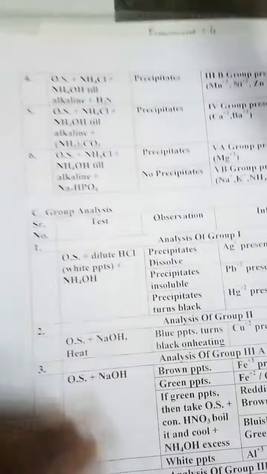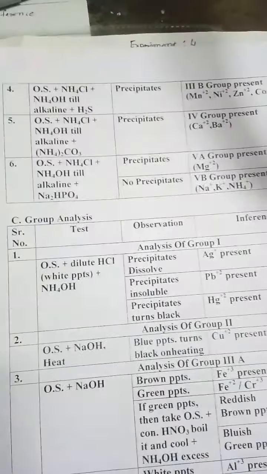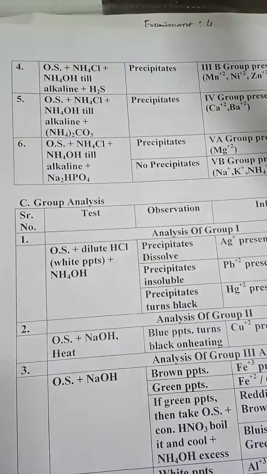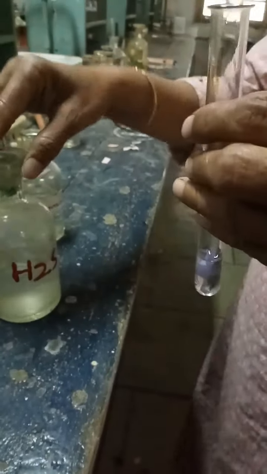After that we have OS plus NH4Cl, NH4OH till alkaline plus H2S. Here we have the NH4Cl, NH4OH solution from before, and in that we just have to add H2S.